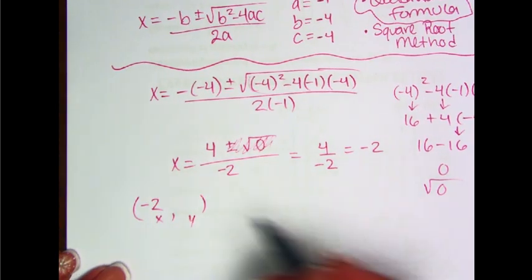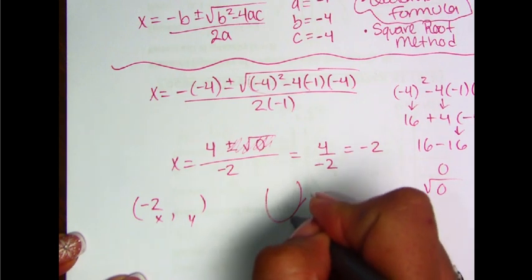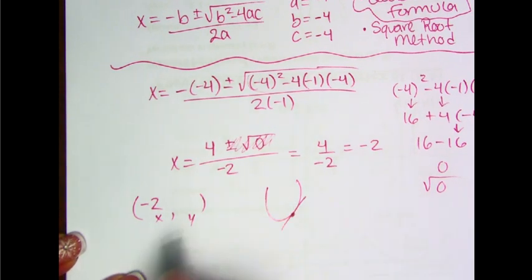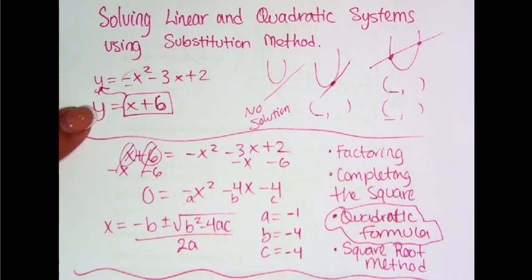Now we need to find the y value of that solution. This parabola is intersecting the line at a point, and we're just trying to find out what that y value is. We go back to our original equations and pick either one. Usually people pick the linear because it's simpler to solve.